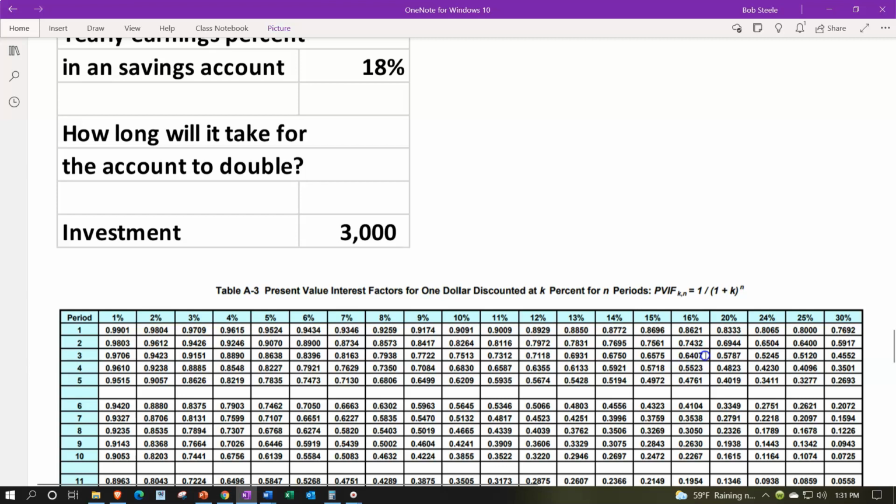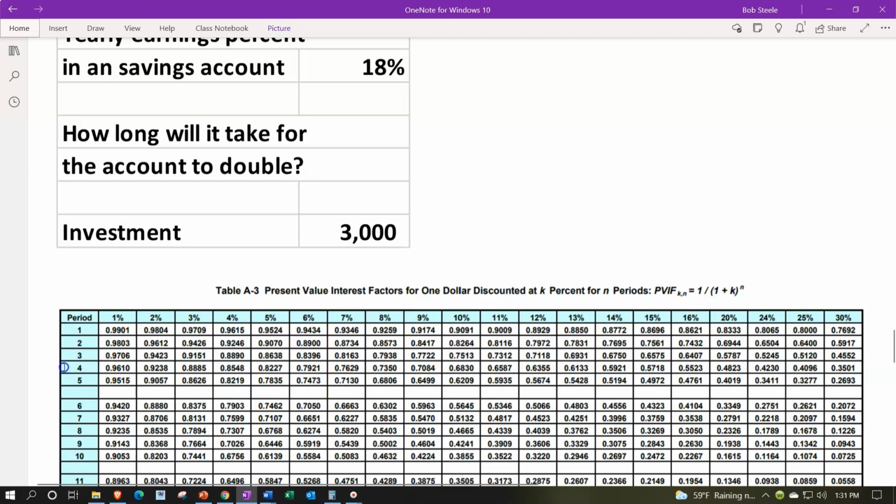If I go to 20, it's 0.6407 to 0.5523, and then if I go to 20, it happens sometime between year 3 and year 4, and if I go to 16, it happens sometime between year 4 and year 5. So if I look at the difference between those two, I'd say it's somewhere between 3 and 5. It looks like it's around 4 years, right? Which is actually the approximate answer, around 4 years.